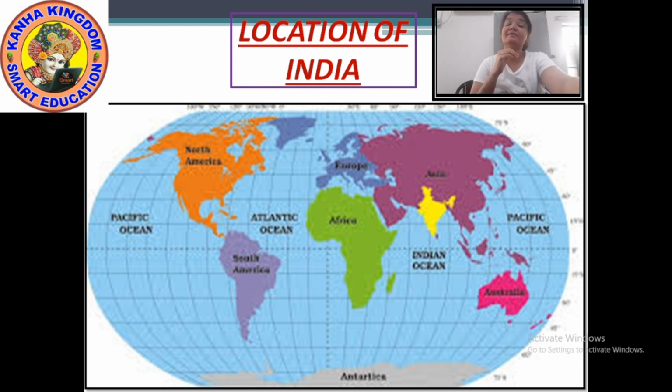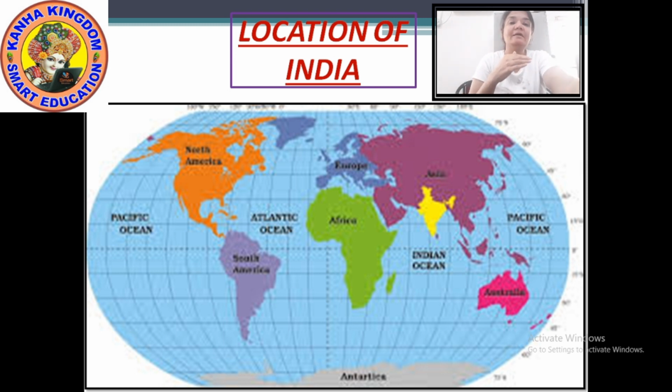Now looking at this world map, first you have to locate the directions. The top one is the north direction, and the bottom one is the south direction. By this you can easily locate the continents.